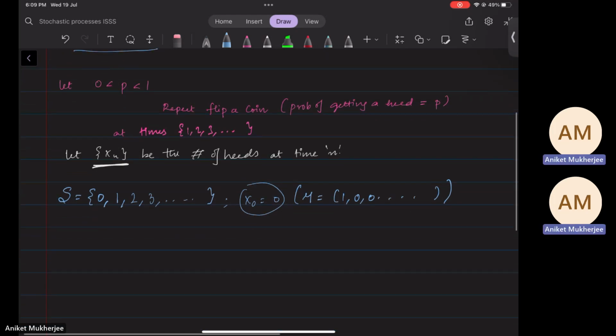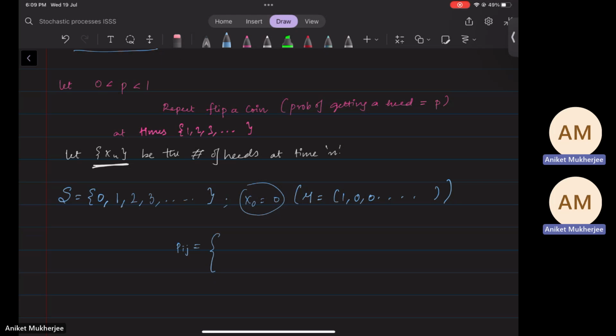Now the transition probabilities, Pij. Basically you can either go from 0 to 1, 1 to 2. It can only keep on increasing because you don't see a negative number of heads at any time. You always see a head or you don't see a head.